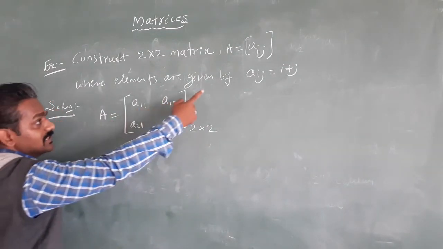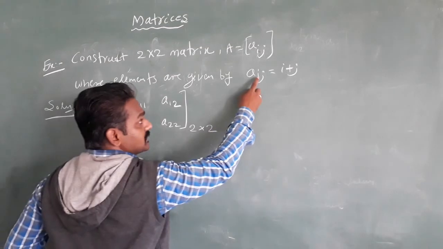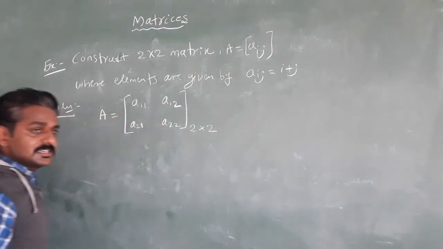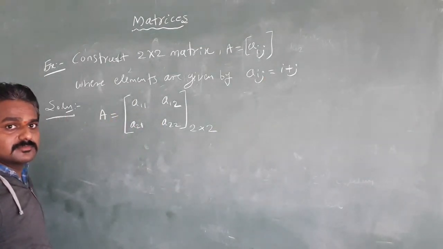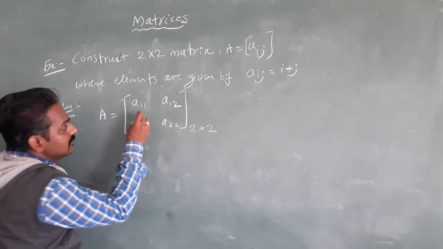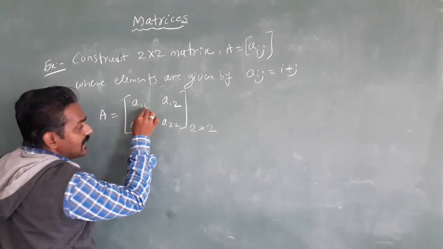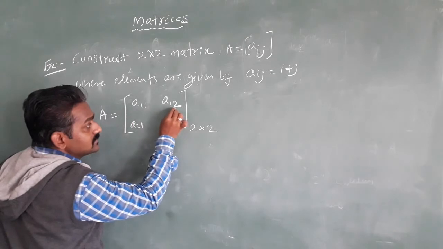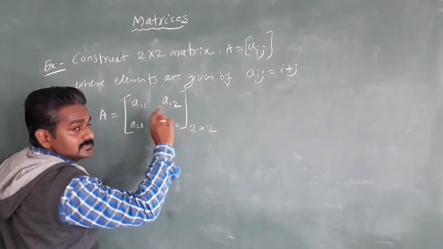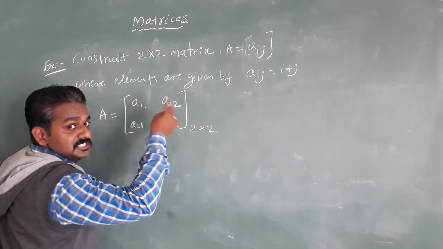How to construct the Aij elements? Here i represents the row value, j represents the column value. See how i and j are changing in A11 and A12.